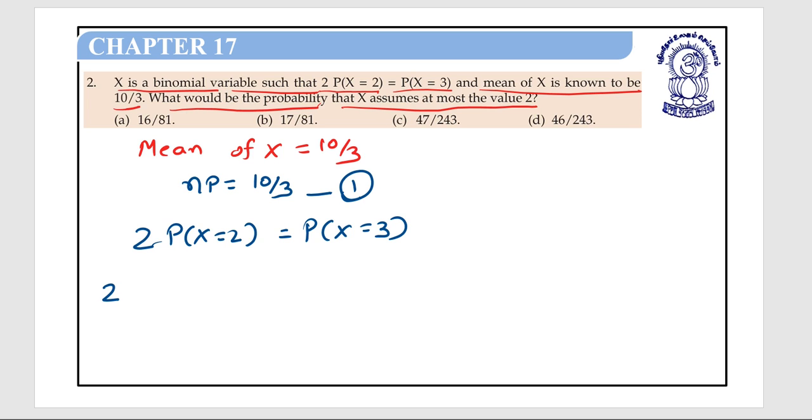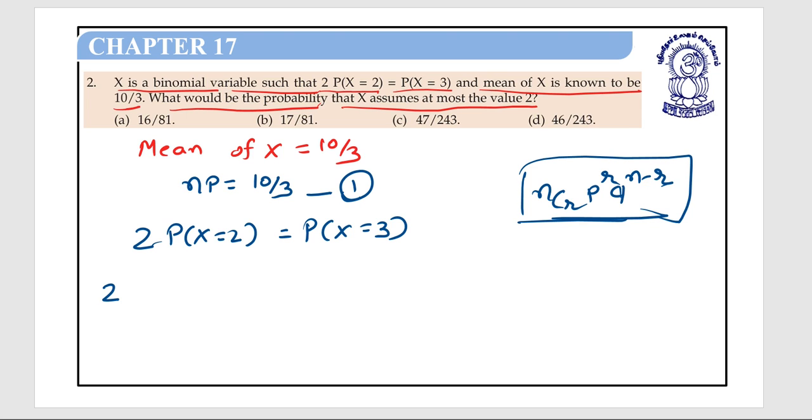2 as it is. Here we can write the nCr p raised to r q raised to n minus r formula. Here n is unknown.